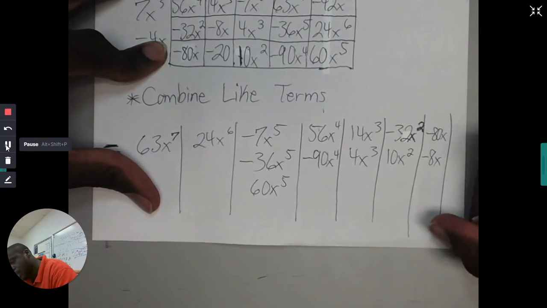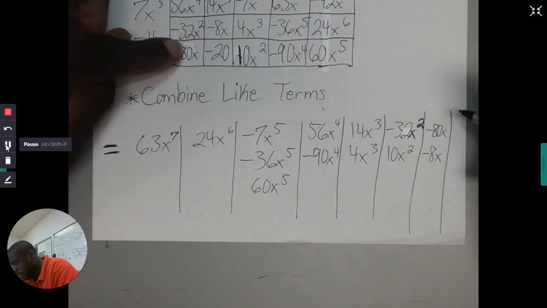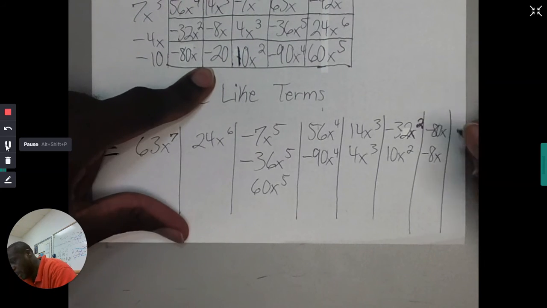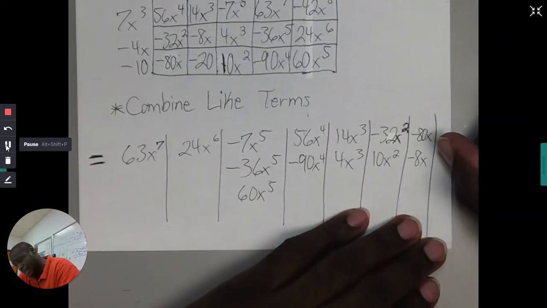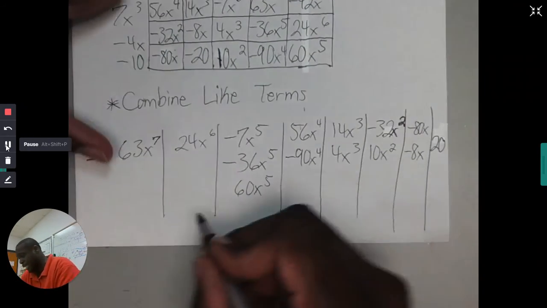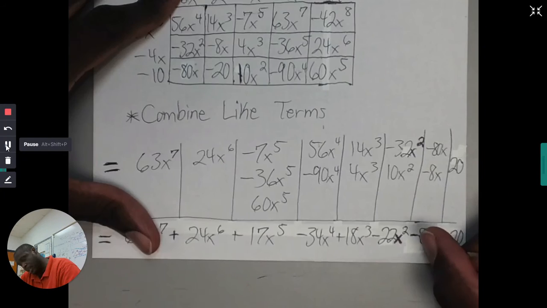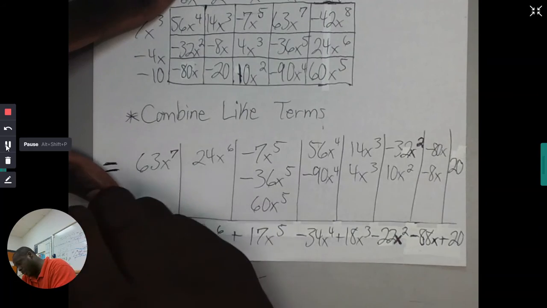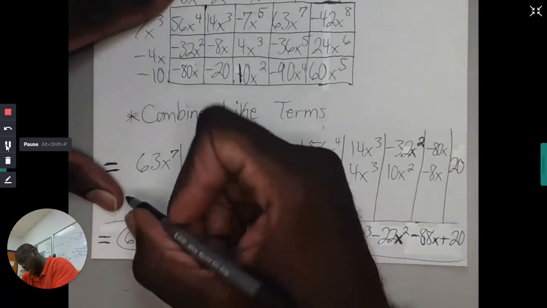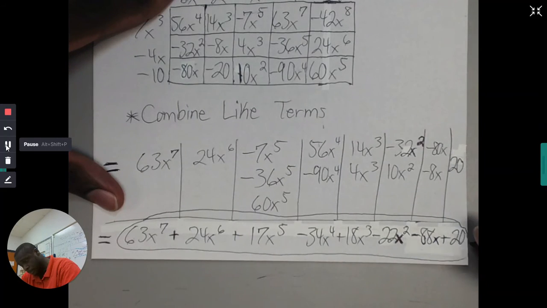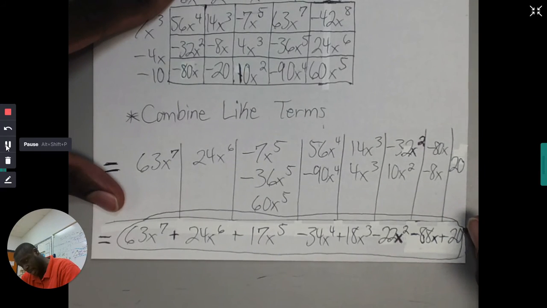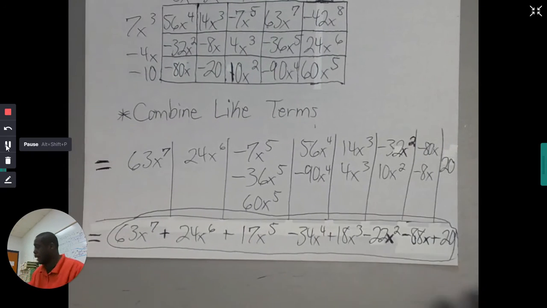And then I think the only constant term that we have here is negative 20. And I apologize if this is sloppy, okay? That's not my goal. So we have combined our like terms here. It's already written in standard form because I ordered my exponents from highest to lowest. And this here is our final answer.